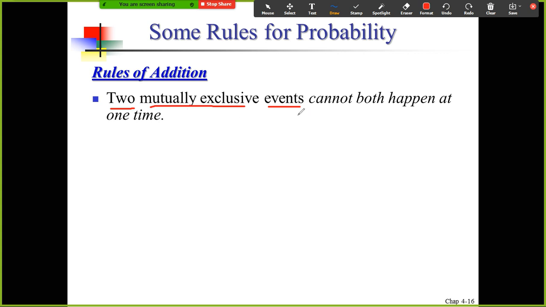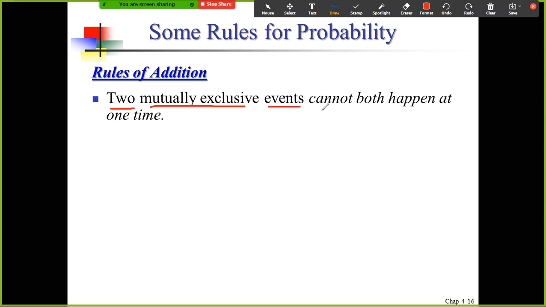Maybe only one event comes, so the other event does not come. At one time only one is happening, and the other one cannot happen. That's why this is two mutually exclusive.